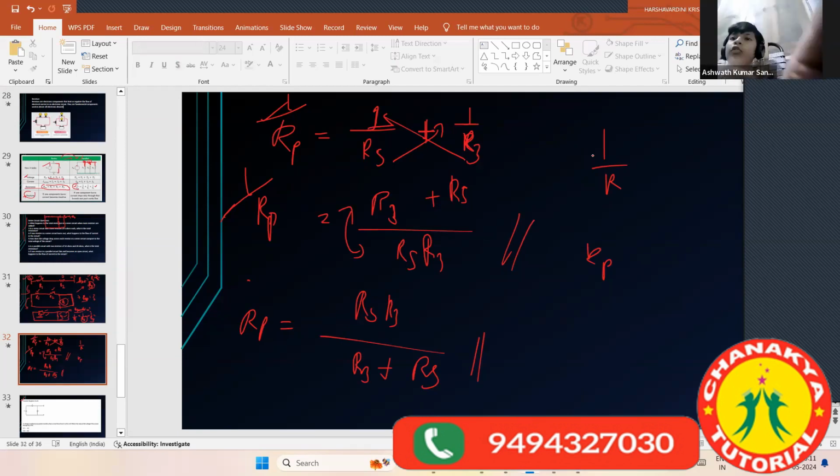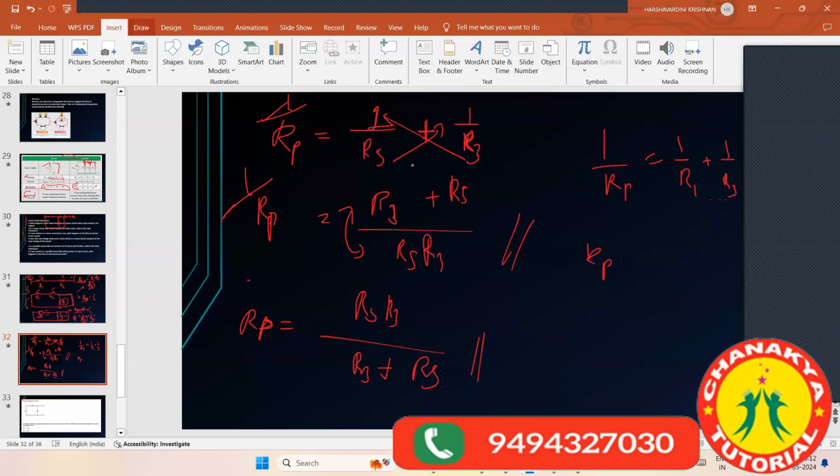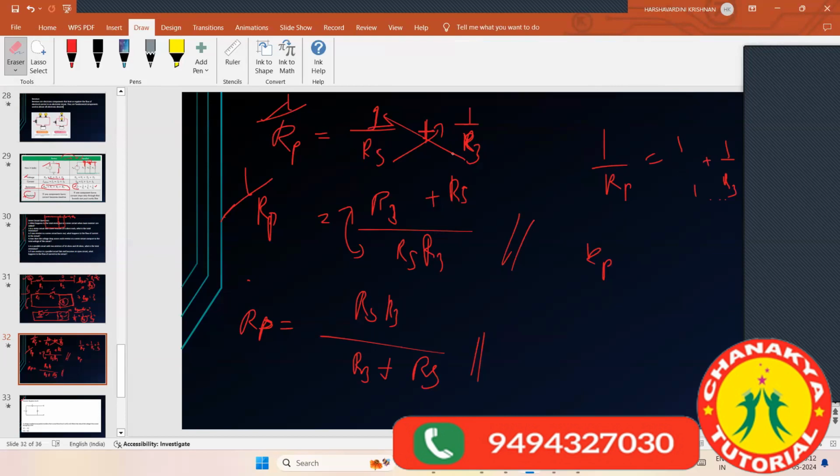Ma'am, I know how to cross multiply, but I am not getting how you got RS into R3. Cross multiplication means R3 into R1 plus RS into R1, multiplying these two also, right? That is how the cross multiplication works. For example, 1 by 9 plus 1 by 7. If it is like this, how will you cross multiply? 7 into 1 plus 9 into 1 by 7 into 9, right?